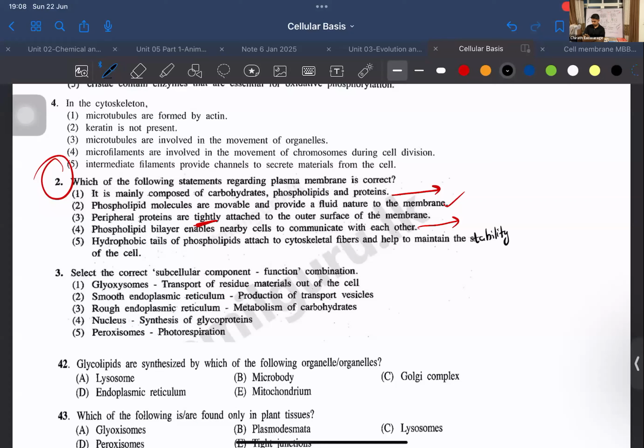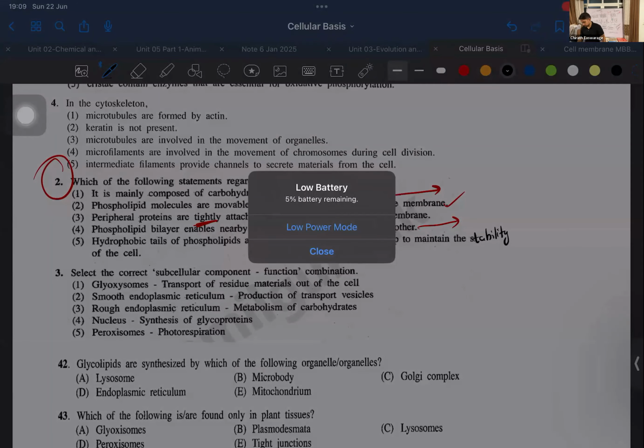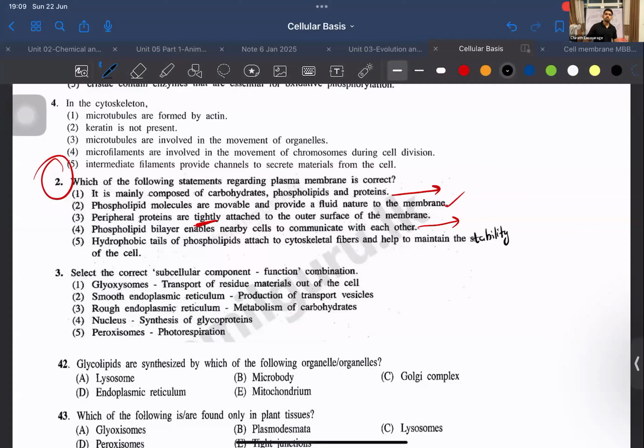No. What do they attach to? Usually integral proteins, or it can be peripheral proteins as well.